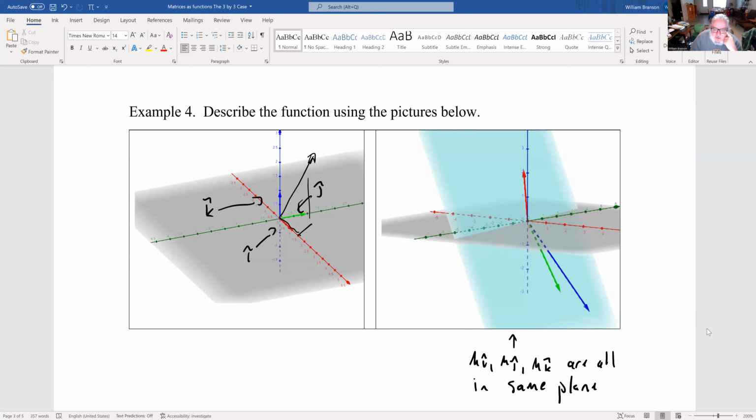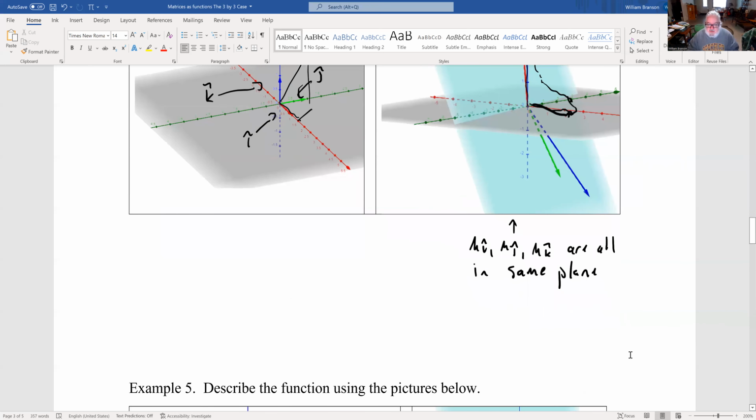Here, if we do the same thing, since all three vectors are in the plane, you're going to end up in the plane itself. You go in the red direction a little bit, go down in the green direction a little bit, and then down in the blue direction a little bit, and you'll end up in the plane with a vector that's in this blue plane because all three of the vectors are in that plane.